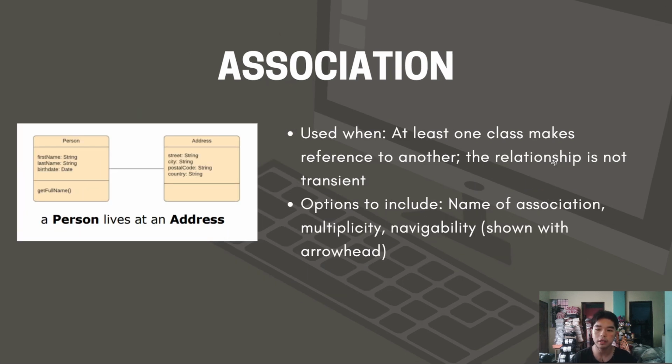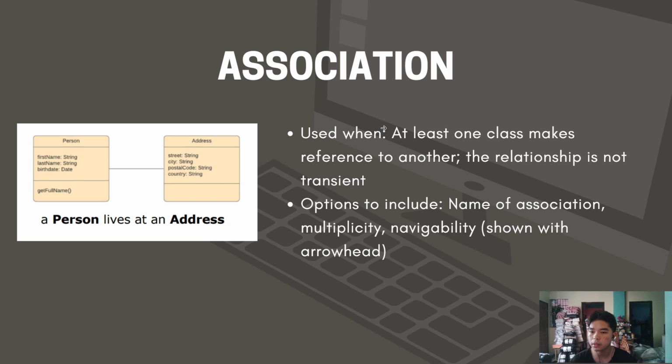So we have here association. What is association? It is used when at least one class makes reference to another. The relationship is not transient. It also has options to include the name of the association, multiplicity, and navigability, and we can show an example here.